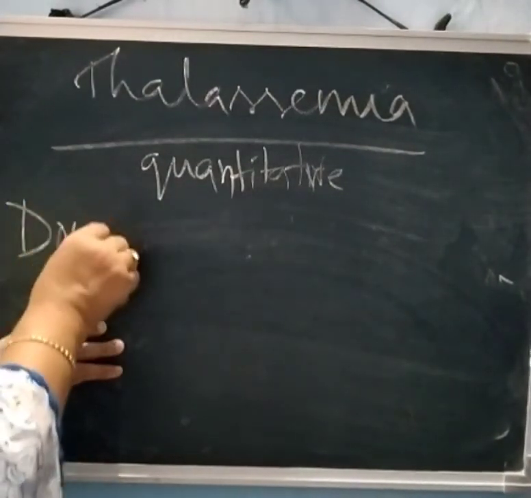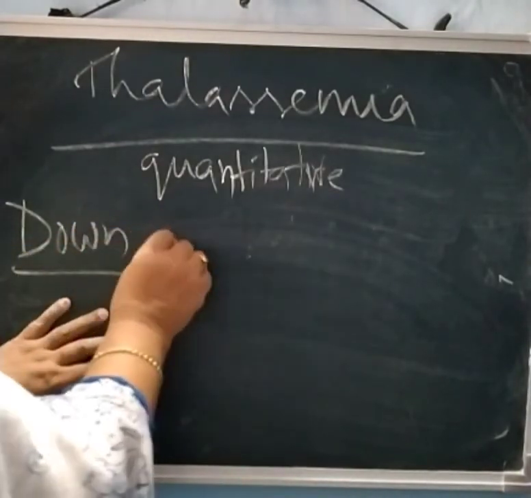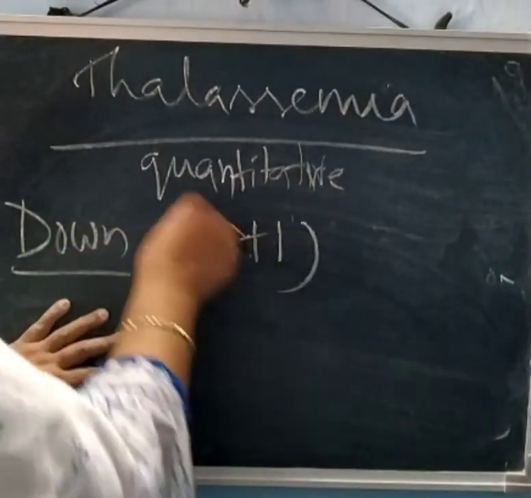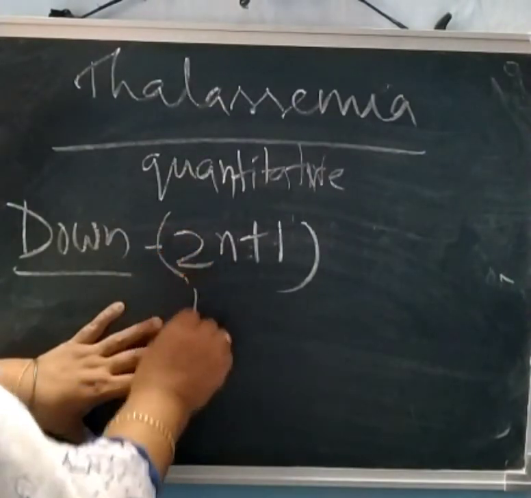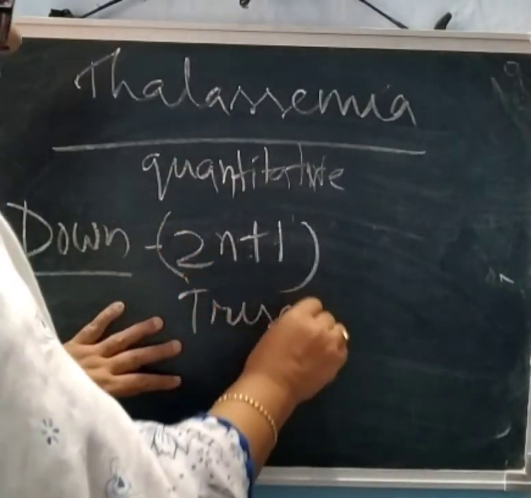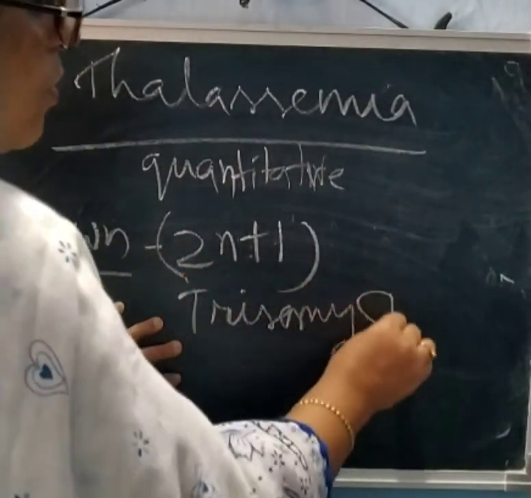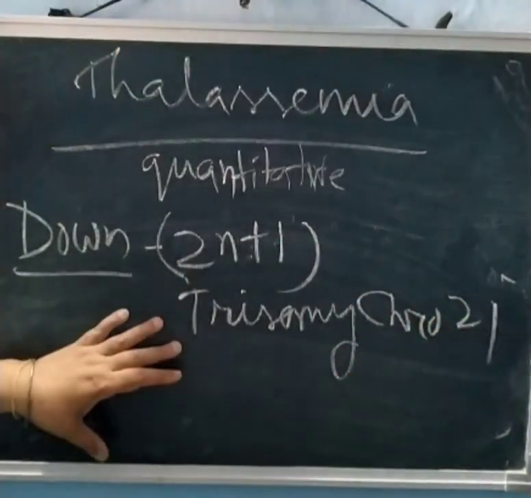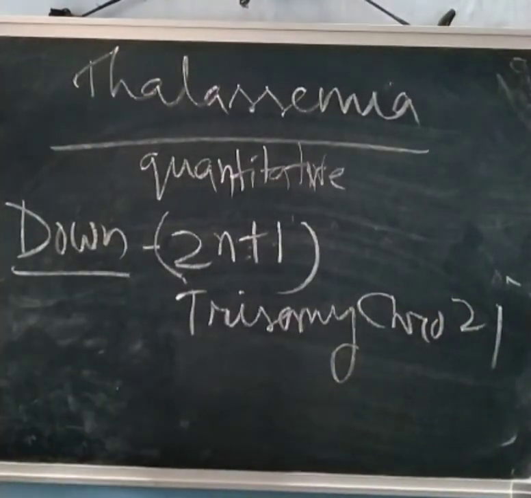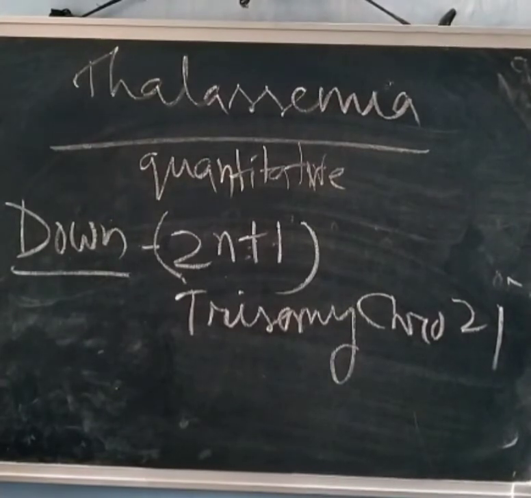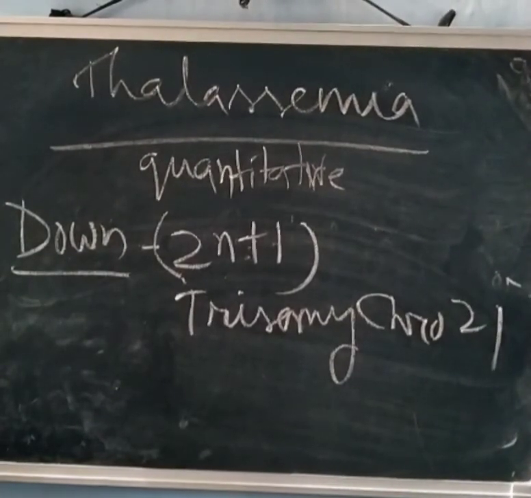Now Down syndrome is what? Down syndrome is a 2n plus 1 syndrome, and we say this is trisomy of chromosome number 21. Okay, chromosome pair 21, trisomy, 2n plus 1. This is Down syndrome. Now Down syndrome symptoms are many.